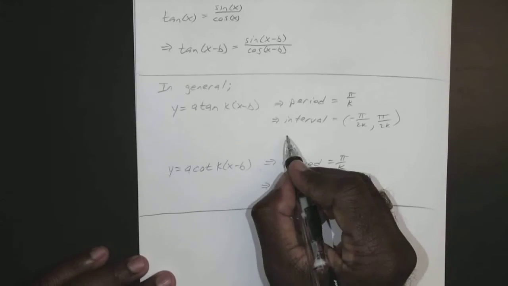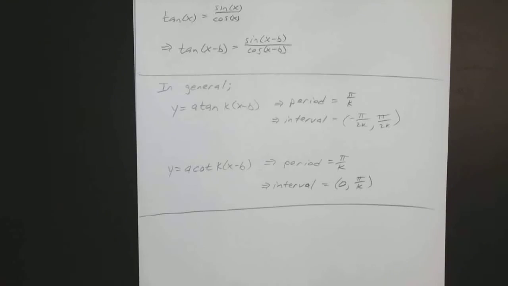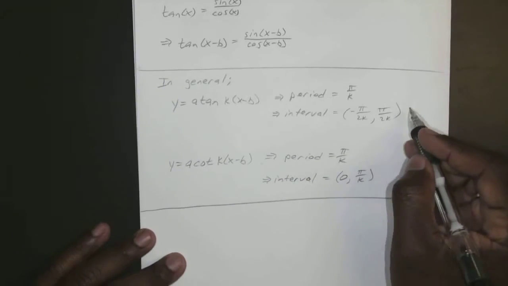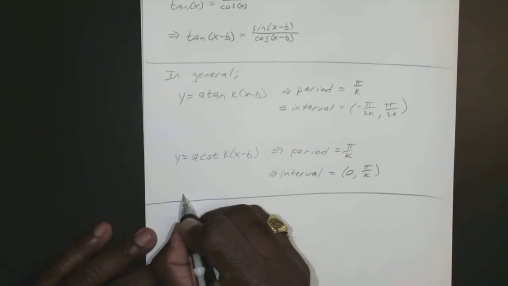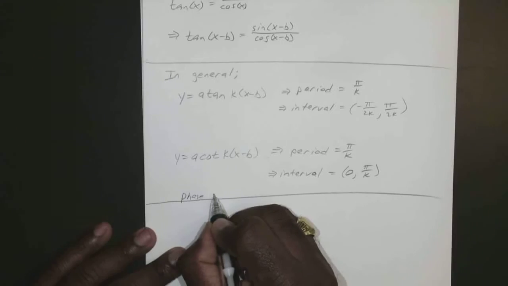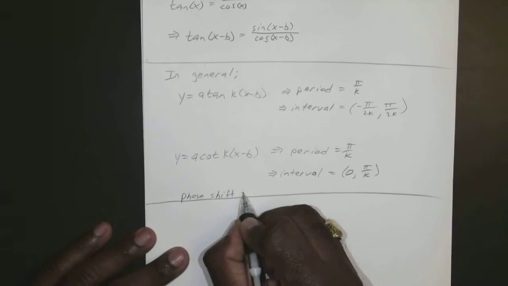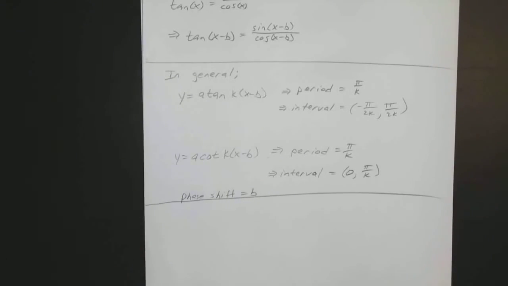And again, it goes right back to the phase shift, b units to the left or b units to the right. So for both of them, the phase shift, and I'll put that down, is your b for both of them.